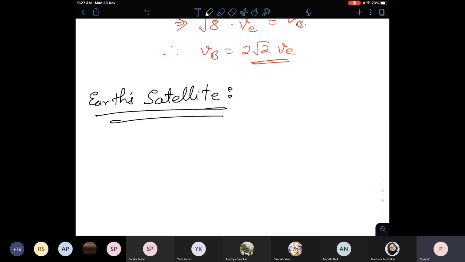In this topic we have to study the motion of a satellite, whether it be man-made or natural. There are two types of satellite. One is natural, one is man-made. Natural is the moon, man-made are the satellites which we send in space. ISS and all, international space stations, are man-made satellites.